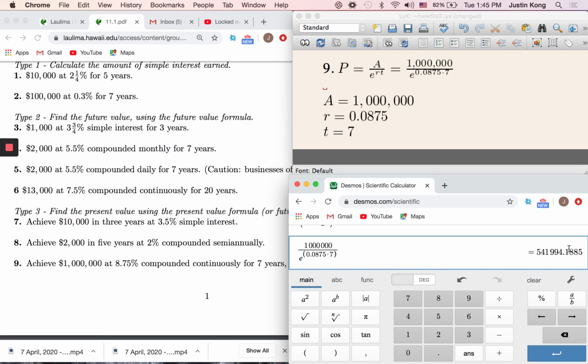Not too bad. So if I invest $541,000, I'll end up with $1 million at the end of 7 years with this interest rate compounded continuously. Again, I want to make sure that I hit $1 million, so I should round up to $541,994.19 to make sure that I reach that value.